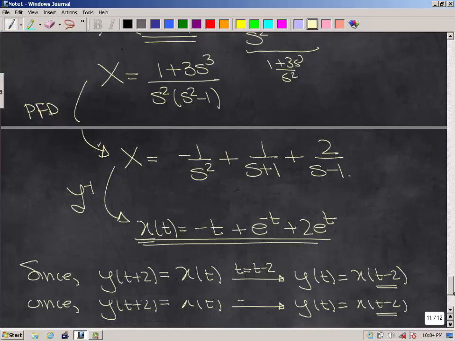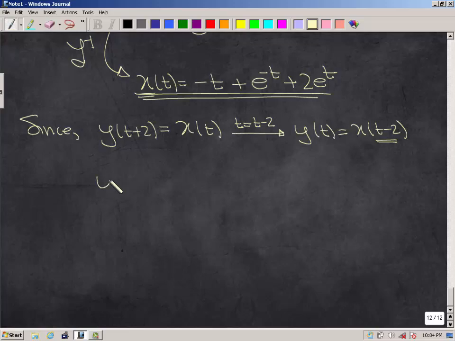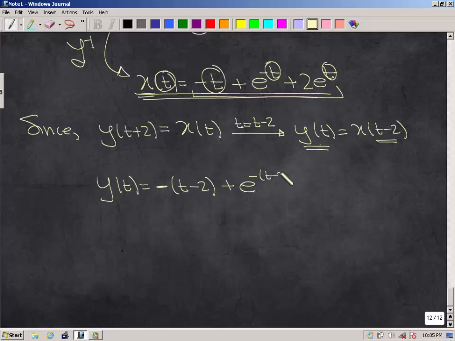So that's all we're doing. So y of t is equal to x of t minus 2. So all of these t's will become t minus 2. We get negative t minus 2, plus e to the negative t minus 2, plus 2e to the t minus 2.